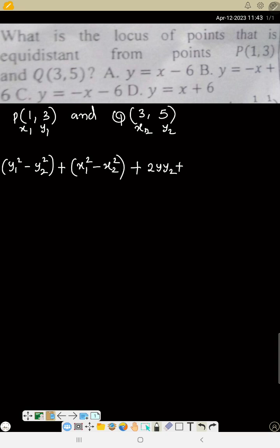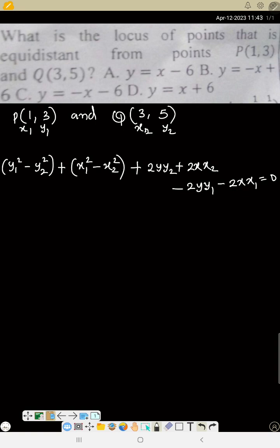Just like you say y1 square minus y2 square plus x1 square minus x2 square, plus 2y y2, then plus 2x x2, minus 2y y1 minus 2x x1, everything equals 0.